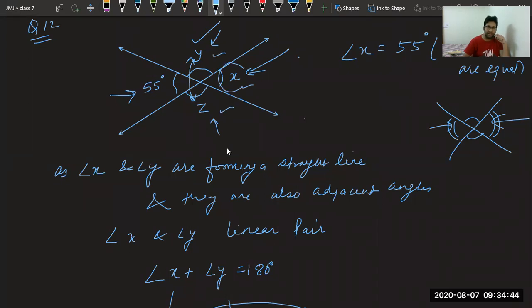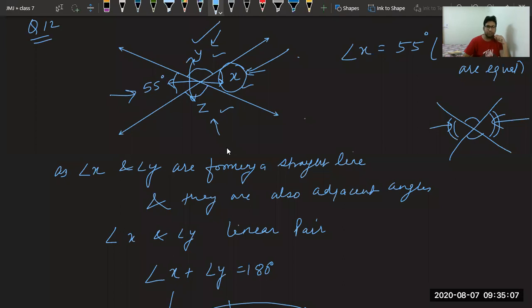To find angle x, we can say they are vertically opposite angles, so they are equal. Try to understand. You people just keep on typing and you give very little attention to this explanation. So first we have got x equal to 55° because they are vertically opposite angles.